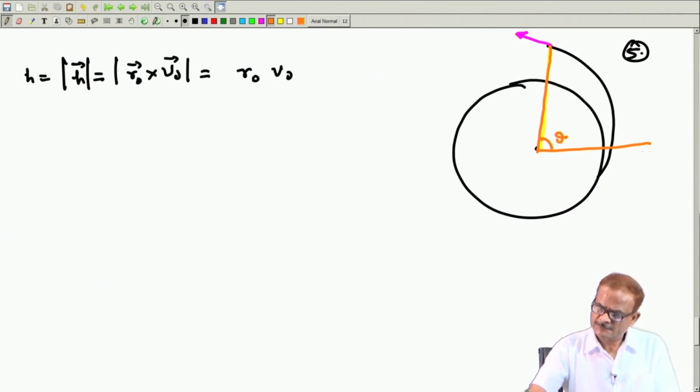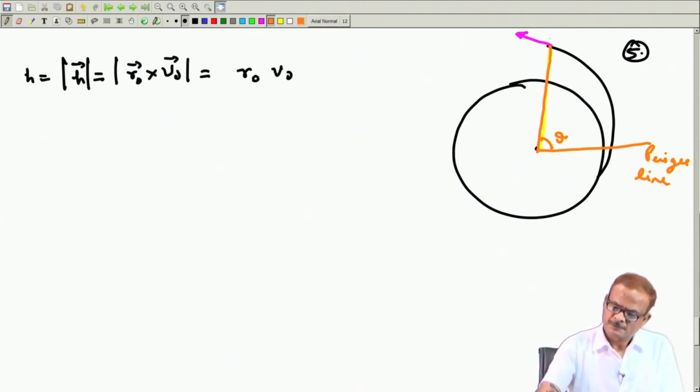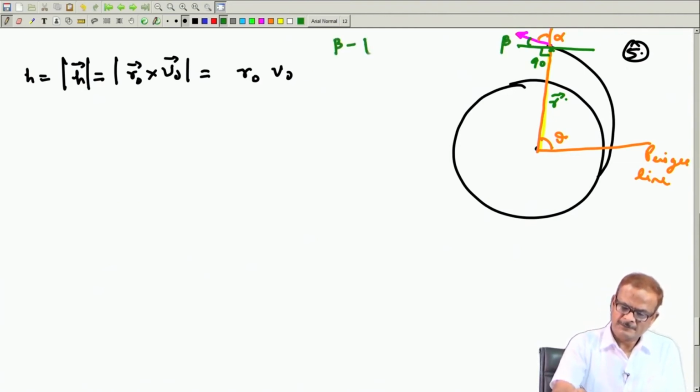This angle we show as theta; this is the perigee line, and theta is not known. This angle we will write as alpha, and here we will draw one line which is perpendicular to the radius vector. This is your r vector. So, this is 90 degrees and this angle we will write as beta. Beta we call the flight path angle.